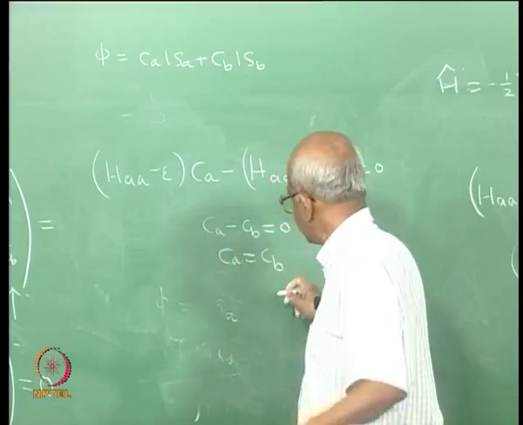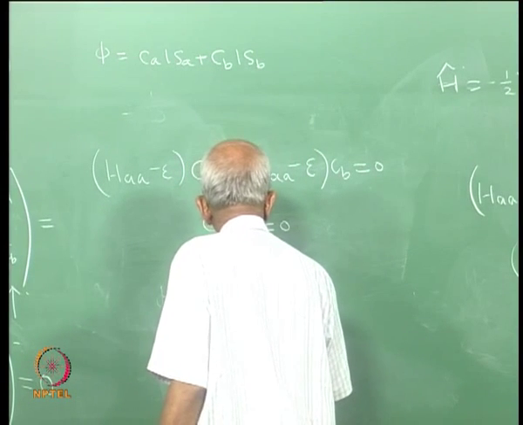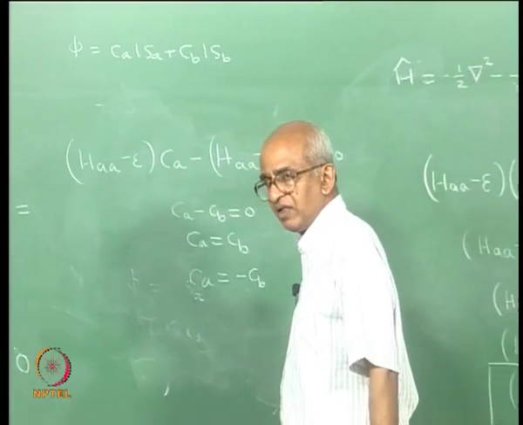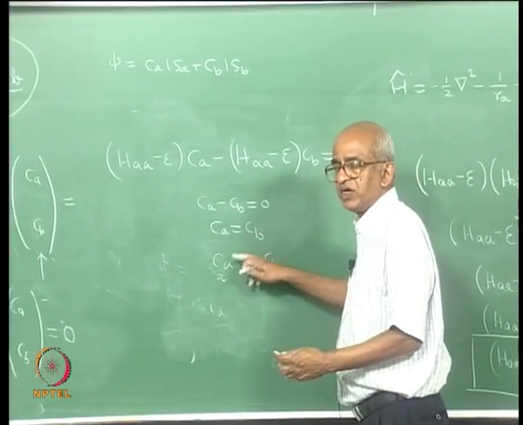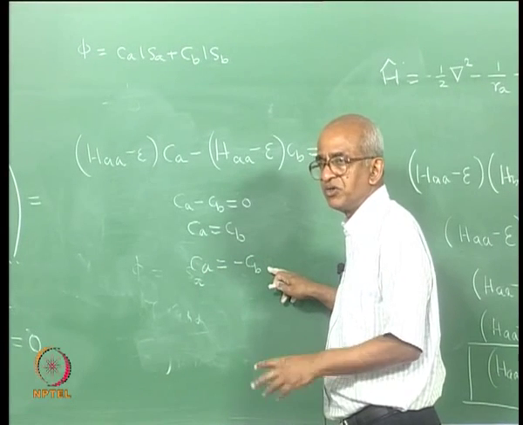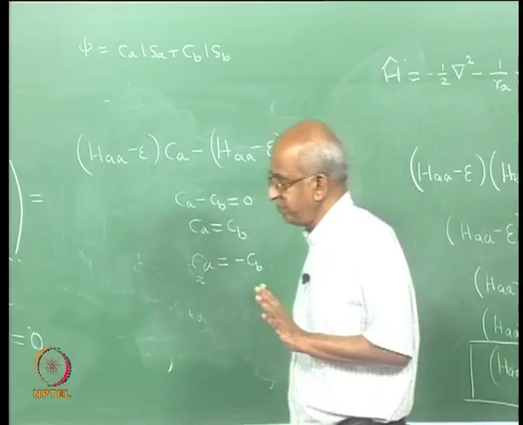Therefore, the other solution will have CA equal to minus CB, right. So, in one solution CA is equal to CB, while in the other solution CA is equal to minus CB, that is all. Okay.